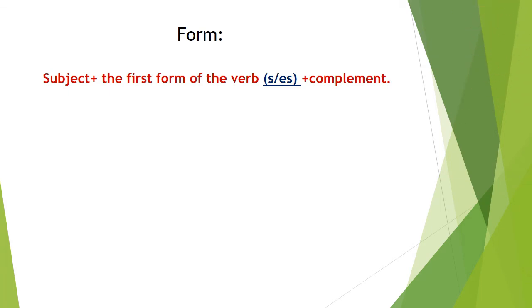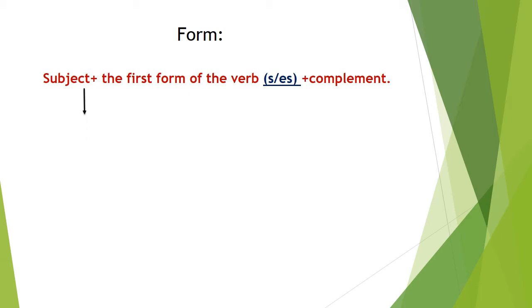The first thing that you have to know about the present simple is the form. The form of the present simple. So, the sentence in the present simple begins with the subject, then the first form of the verb plus s or es plus complement.